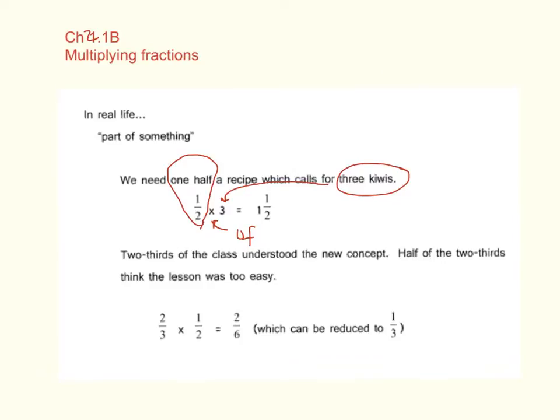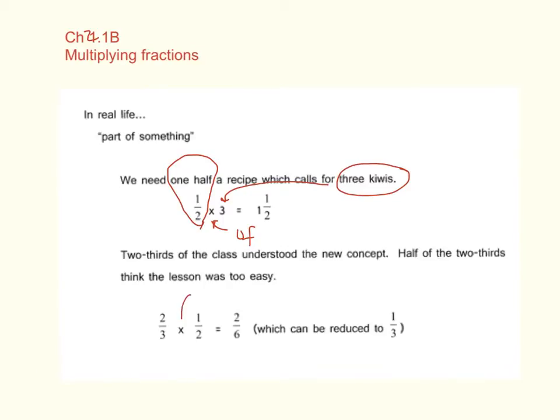Let's look at people. 2/3 of the class understand a new concept. Half of the 2/3 think that the lesson was too easy. Notice now I've got the half in the second position, not the first. Is that okay? Sure it is, because the commutative property says that I can multiply or add in any order I want to.